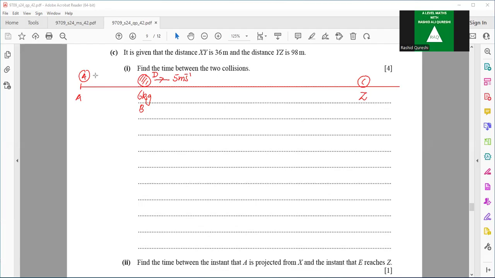So this particle is moving with the velocity 6 meters per second, if I'm not wrong. And that whole surface is smooth. There is no opposing force, there is no friction, and A to B, the distance according to the question is 36 meters.